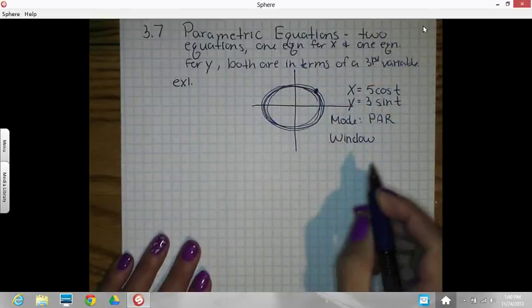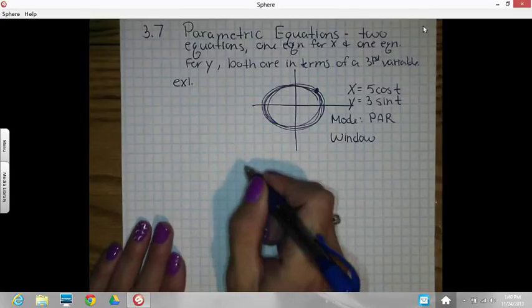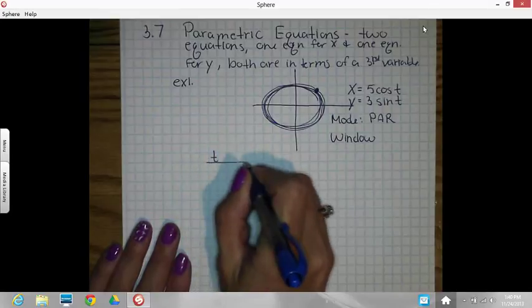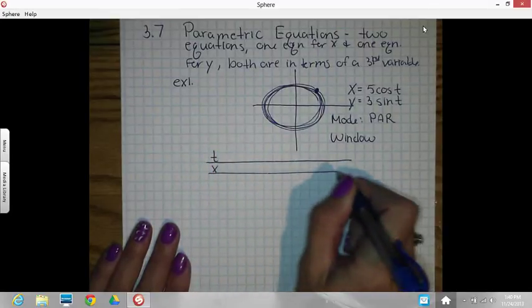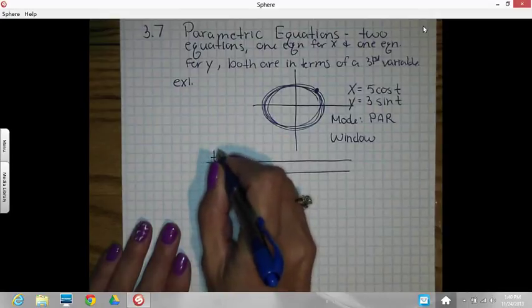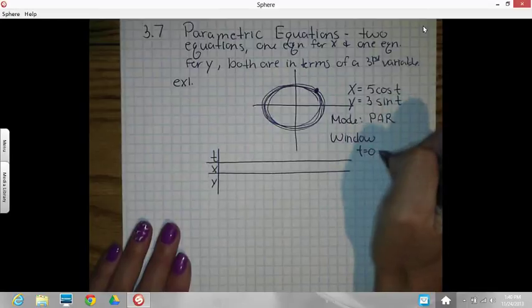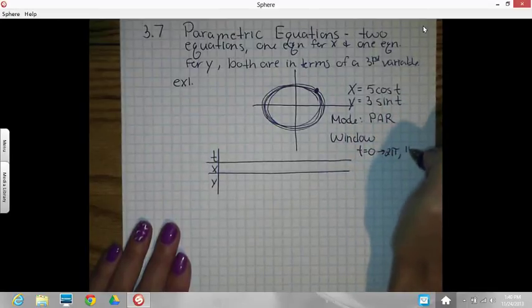Now I'd like you to make a table of points, but our table is going to have 3 variables in it. Our t value, x, and y. And for the table, I want you to go from t equals 0 to 2 pi. And let's go every quarter pi, pi over 4.